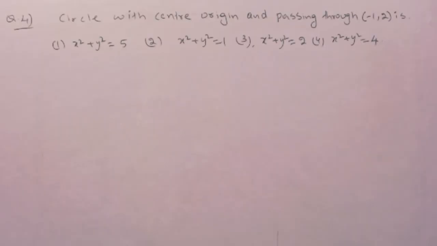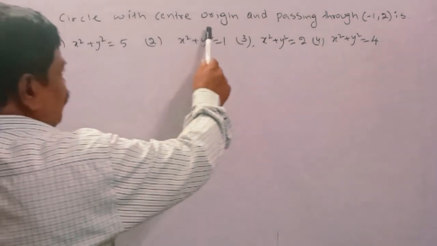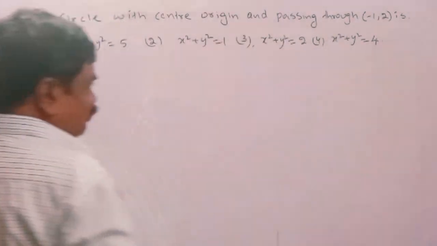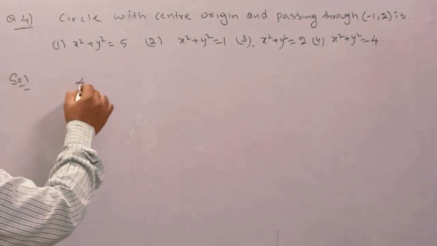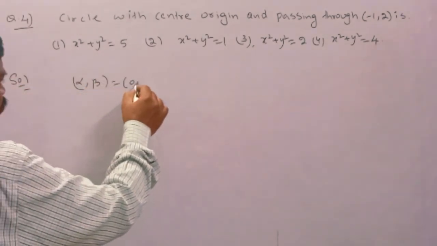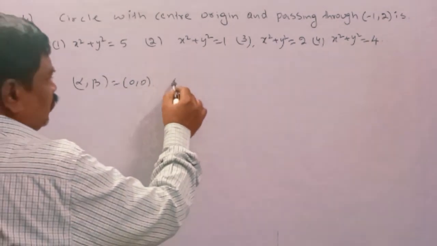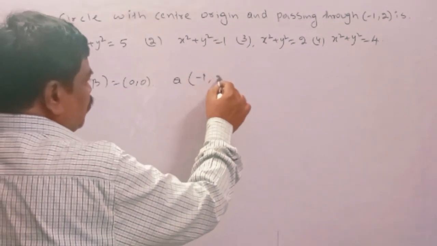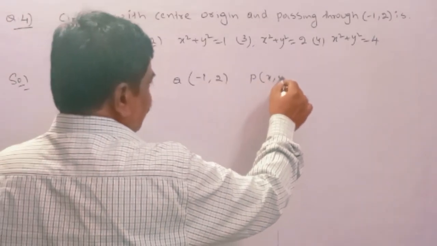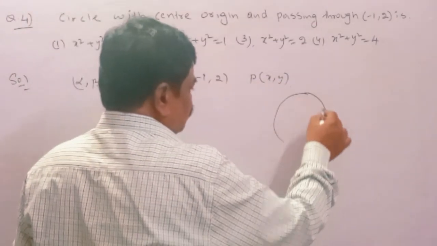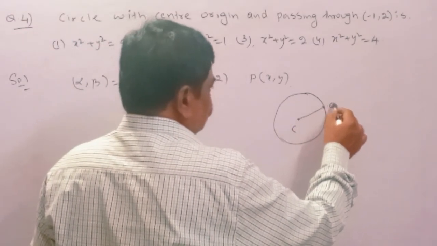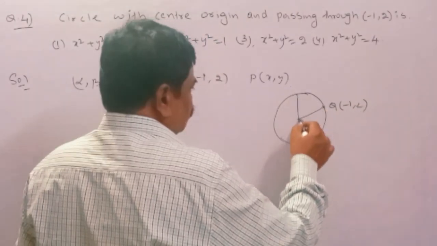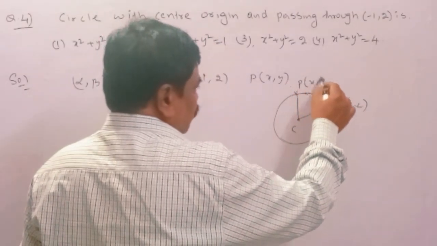One more problem on circles. A circle with center at the origin and passing through the point minus 1 comma 2. So here alpha comma beta is equal to 0 comma 0, Q is the point minus 1 comma 2, and P is the point x comma y. This is the center and this is the point Q, minus 1 comma 2. This is the point P, x comma y.